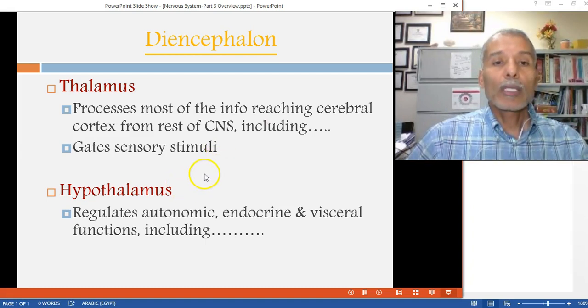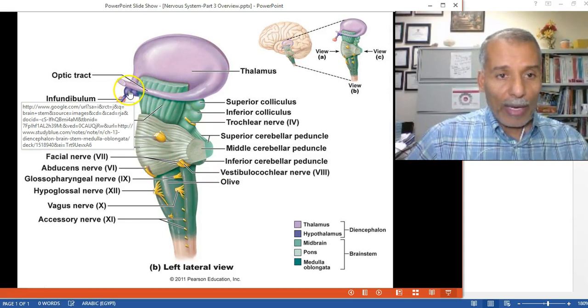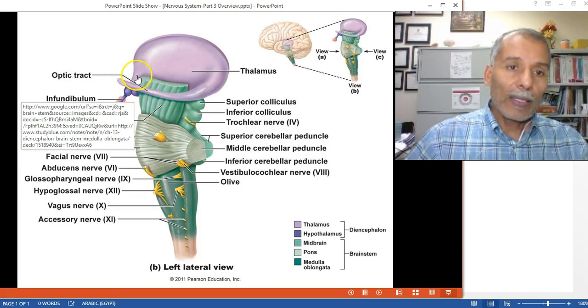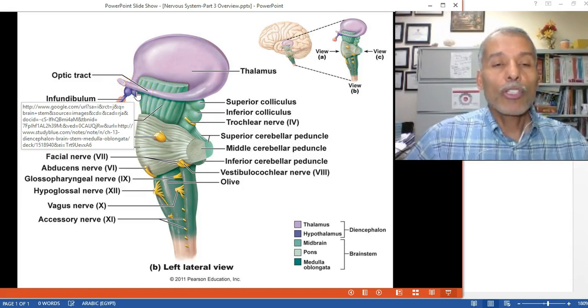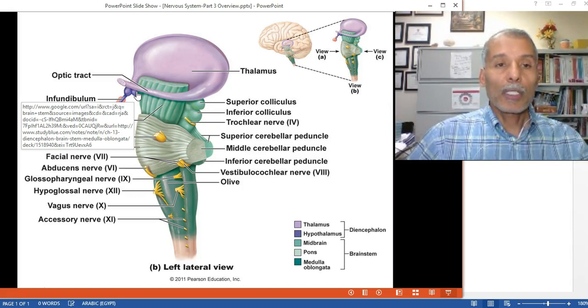The hypothalamus, that little area, if you can imagine the optic tract to be taken away, that little area behind it, that is a continuation of the thalamus, that is the hypothalamus. And it contributes largely to the autonomic nervous system.